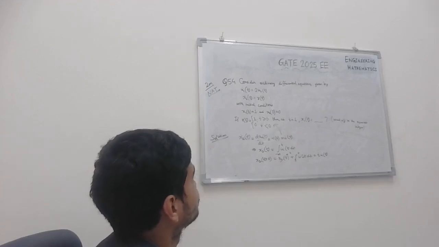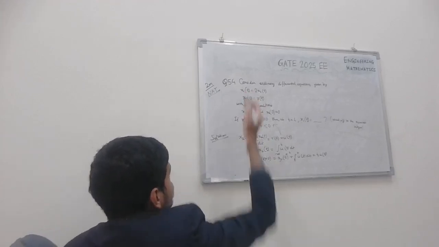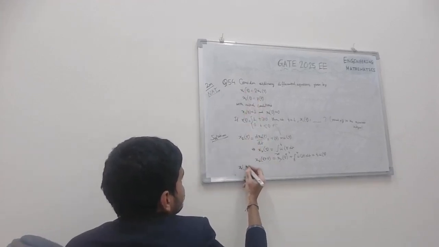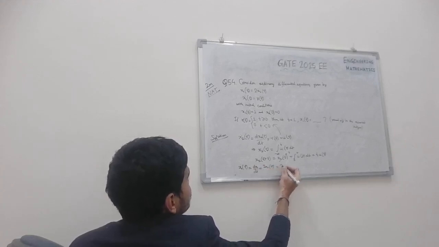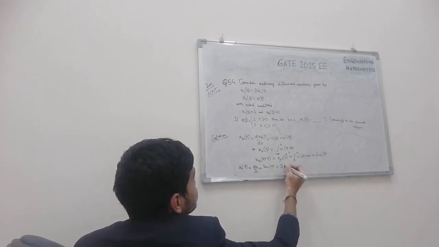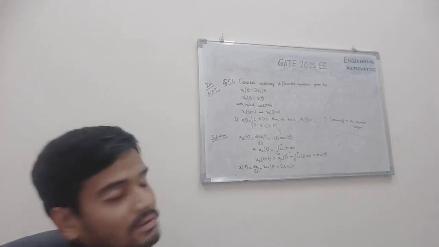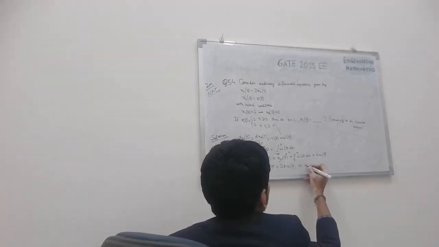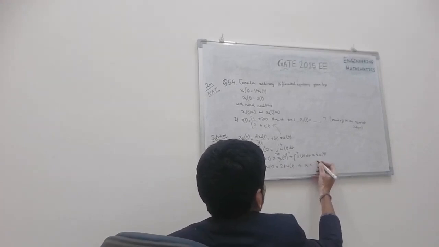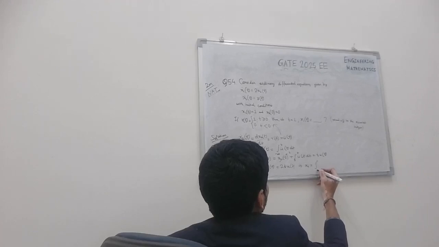Now we get x1 dot(t) equal to x2(t), which is t u(t).